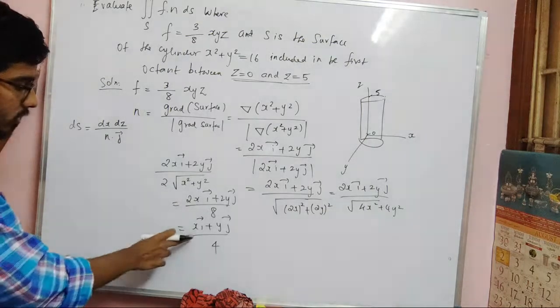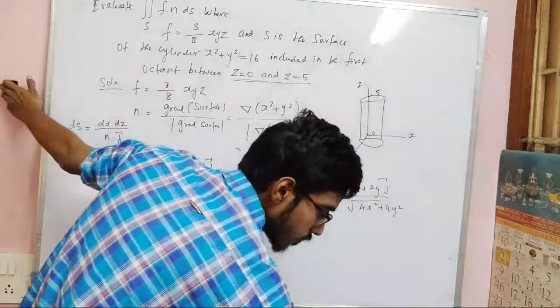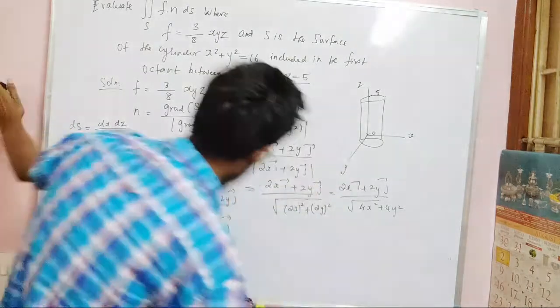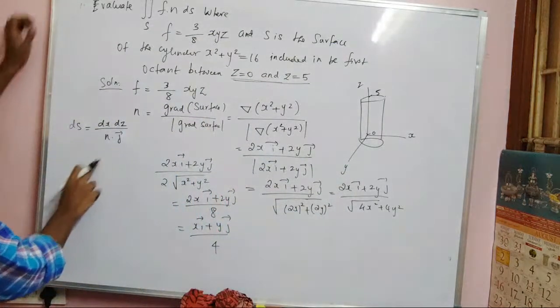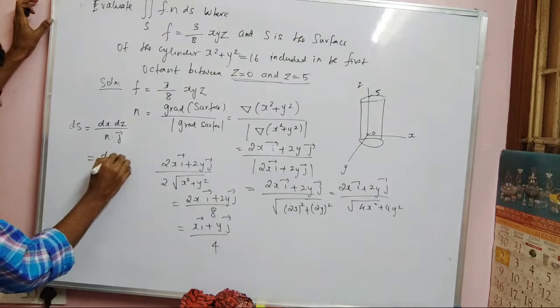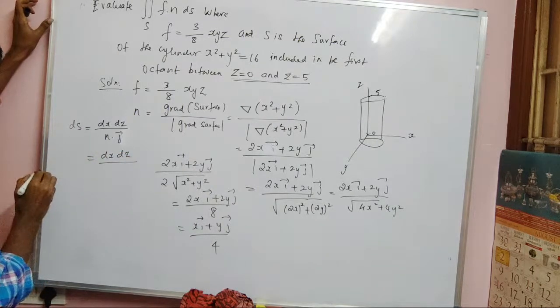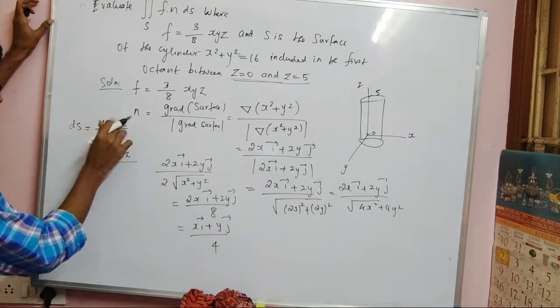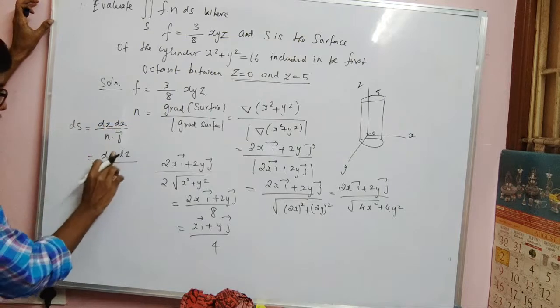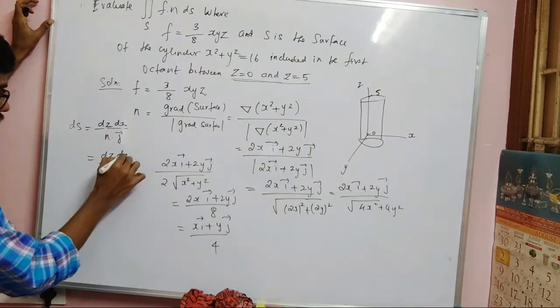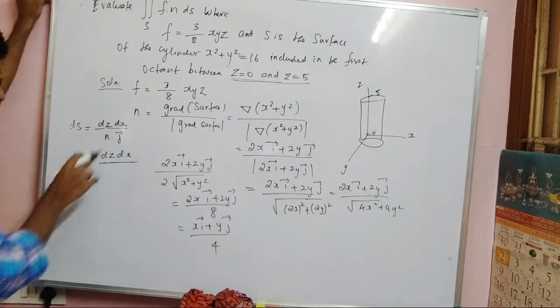So what is our n? n is x i plus y j by 4. What will be our n dot j? It is dz dx divided by n dot j.